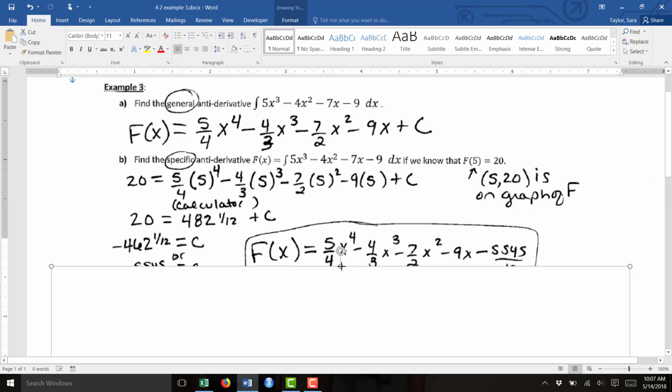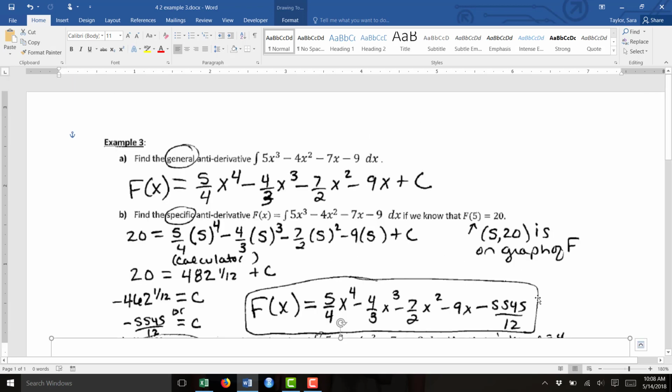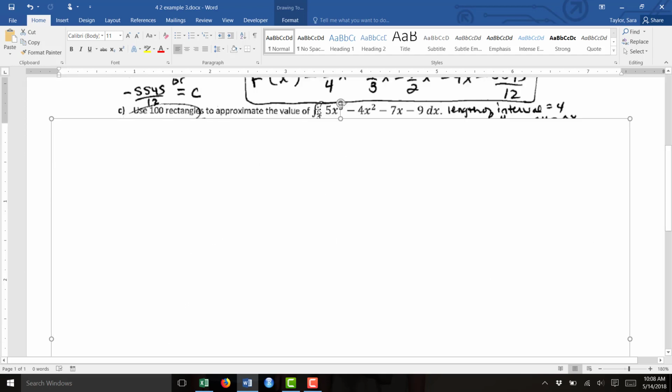You'll find c is equal to negative 462 and 1/12, or if you want to write it as an improper fraction, you get negative 5545 over 12. There's your specific antiderivative. The derivative of this function is 5x cubed minus 4x squared minus 7x minus 9. And in particular, this capital F of x function passes through the point (5, 20).